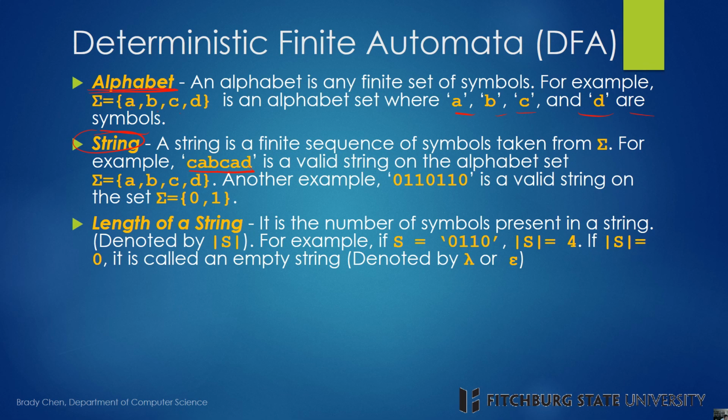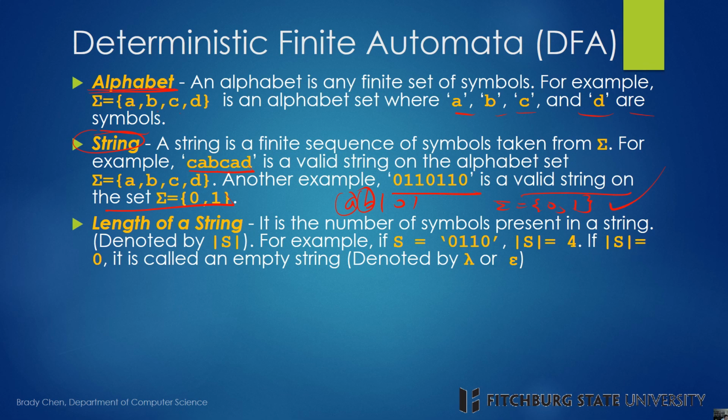Now here's another example. 0110 is a valid string on the set sigma equals {0, 1}. We cannot write AB101 out of the set sigma equals {0, 1} because A and B are not valid symbols in this sigma.